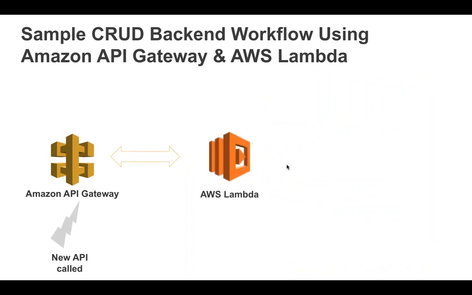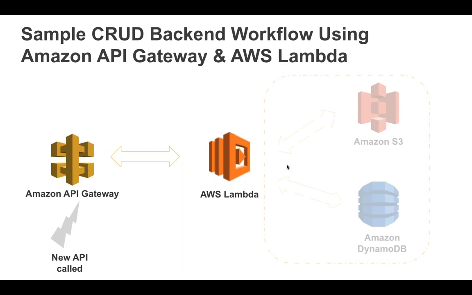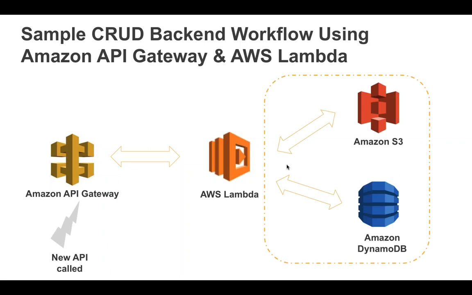So in this particular case, API Gateway has a RESTful interface, and an API is called, which in turn calls a Lambda function, and that Lambda function may go and modify or check on a new object that was, say, stored in S3, or maybe it's going to create an object in S3, or maybe it's going to add a record to a table in DynamoDB. So a RESTful API causing Lambda functions to run. And again, this is a really rich scenario.